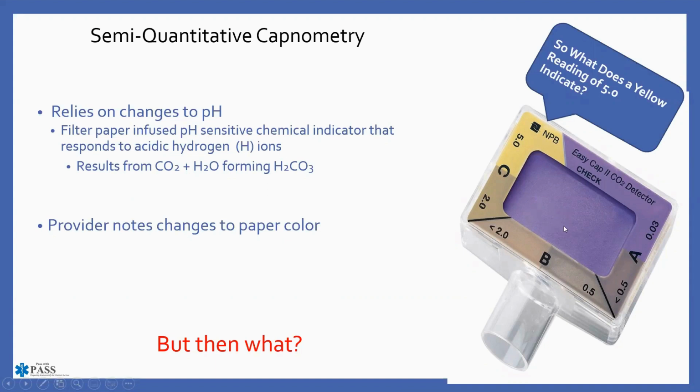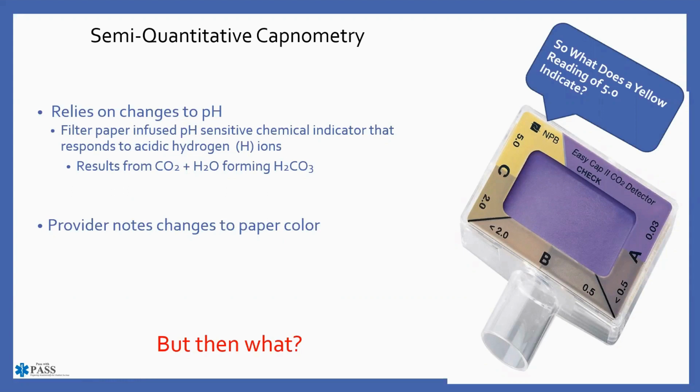And that is kind of true. It's not necessarily a piece of litmus paper. Essentially, this is a paper that is impregnated with a chemical that will react when an acid hits it. Same concept, but it's not necessarily a piece of litmus paper.